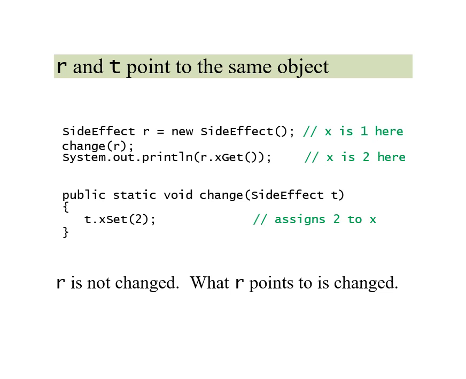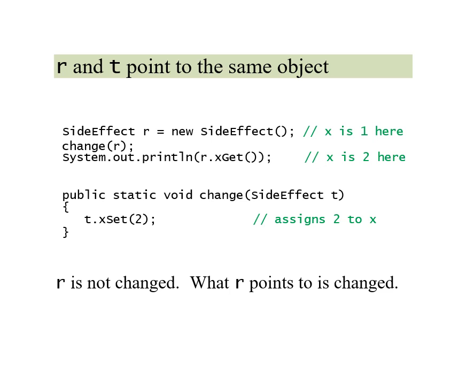This is an interesting sequence here. So we have this R, which is pointing to a new object that we create with this first statement here. And this object has 1 in x. It has an instance variable x, which is initialized to 1.